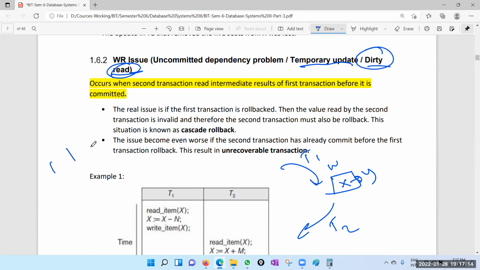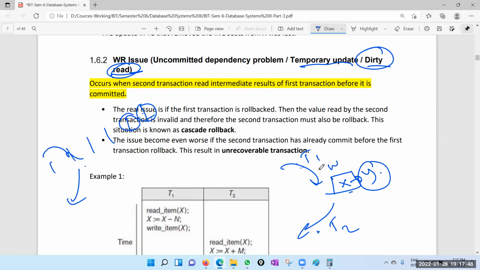It has not committed yet, but as an intermediary step, it has updated. Remember, a transaction is a set of activities. It has updated this to Y, but while it is doing the other tasks, the other guy has already read it as Y. Originally it was X. Now there's a possibility that because it's a set of actions, one of the other actions fails, and therefore transaction one decides to roll back.